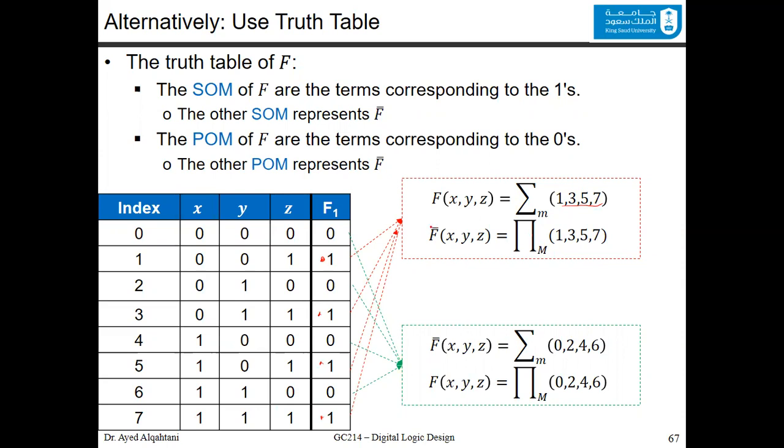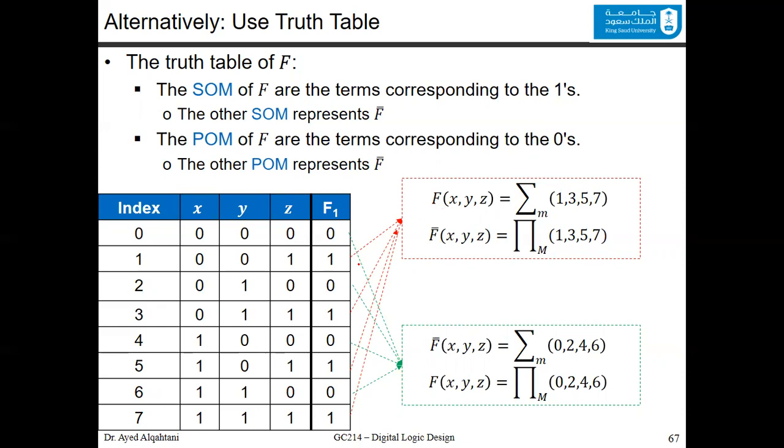For f bar, it will be the product of maxterms with the same indexes that you have for the function. And it's represented here with the red arrows. This makes it easier for you to remember.